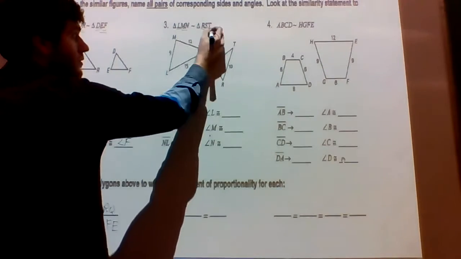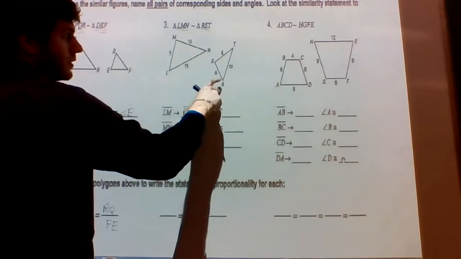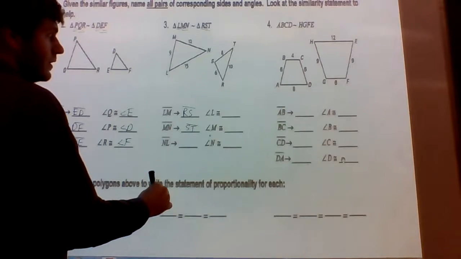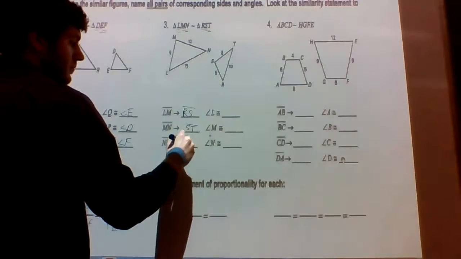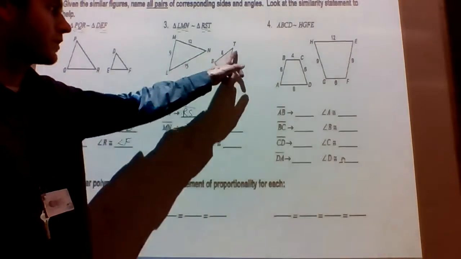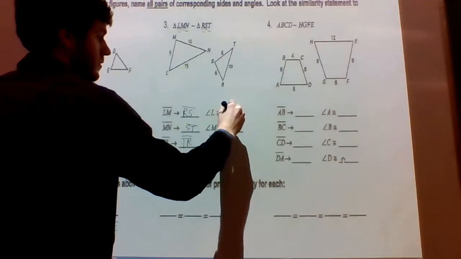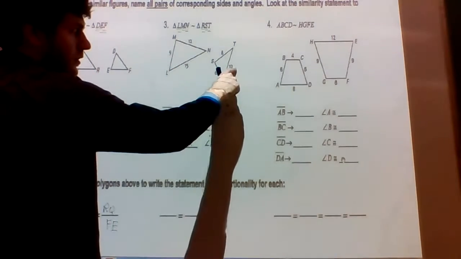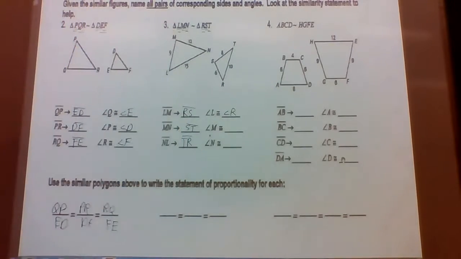MN is the last 2, so it's going to be ST. MN and ST. And then we have NL and TR. NL and TR are the 2 longest sides. Angle L corresponds with angle R. L and R are between the longest and the shortest sides, or we can get it from the diagram.